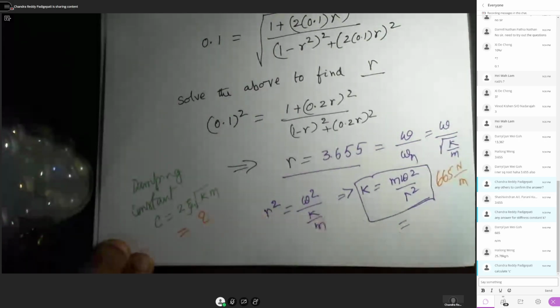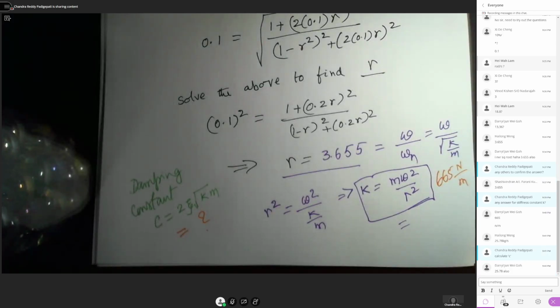So any answer for C? Daryl says 25.78 units.